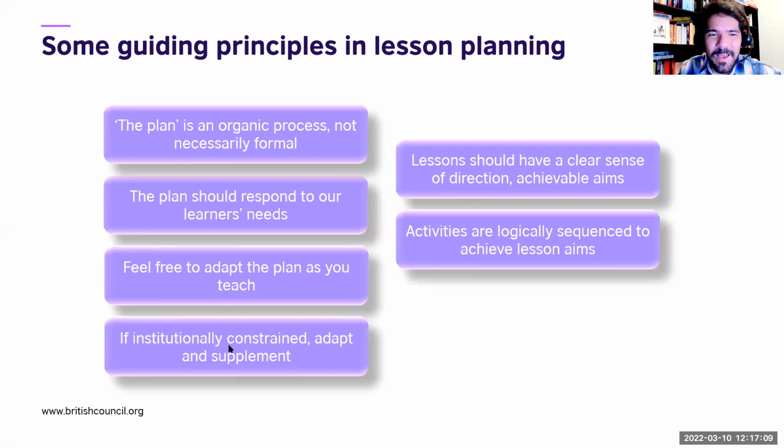Yes, talking about activities and the possibilities of adaptation. If you plan, we were talking about those 4 or 5 activities, they should be sequenced in a way that each activity prepares learners to tackle the following activity. That has to do a little bit with scaffolding, right?